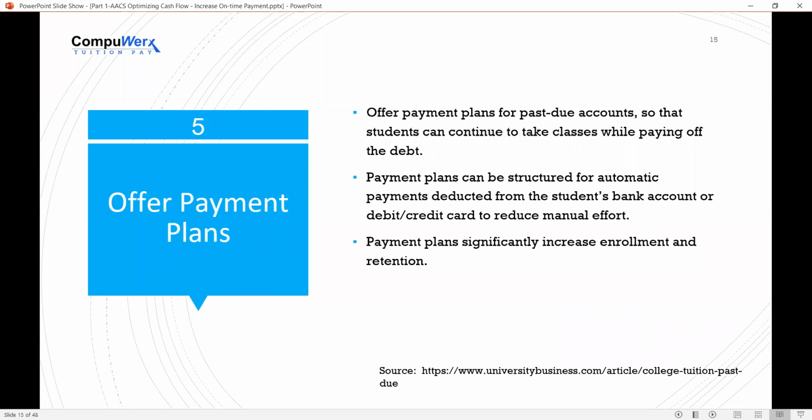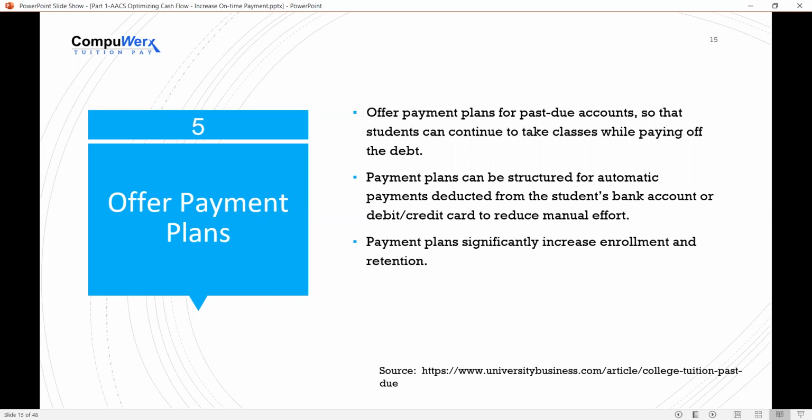Number 5, offer a payment plan. Offer payment plans for past due accounts so that the student can continue to take classes while paying off the debt. My recommendation is to offer a payment plan at the beginning of the program, regardless of whether they're late or not. Put them on a payment plan.